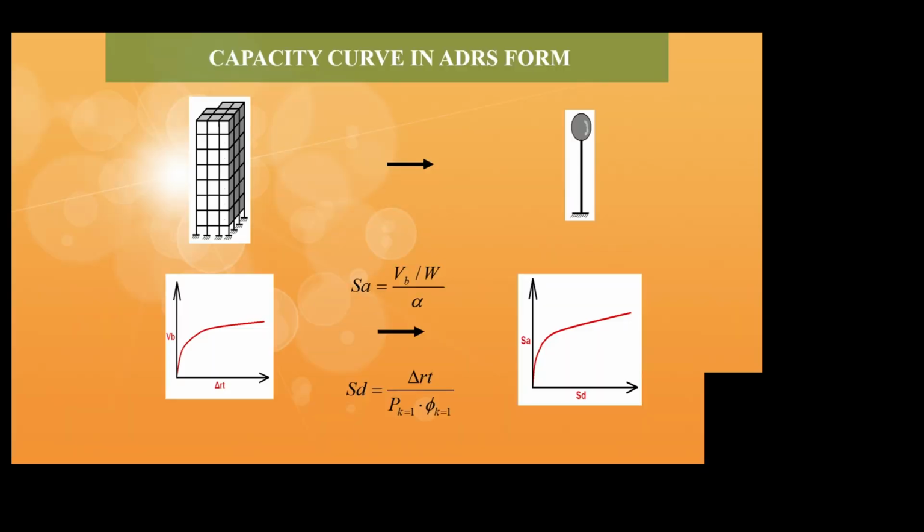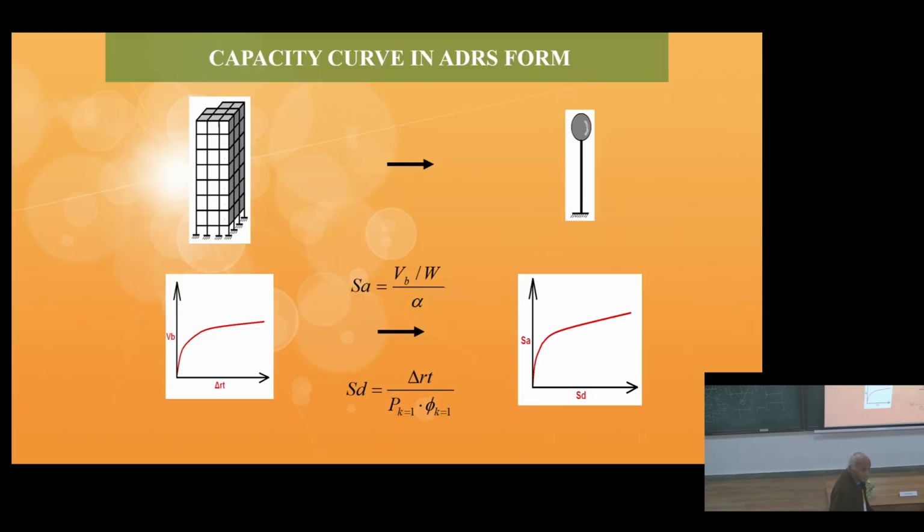But the important thing to note is that in the pushover analysis using the CSM technique, what we do is that this VB versus delta RT plot is converted into an SA-SD plot.